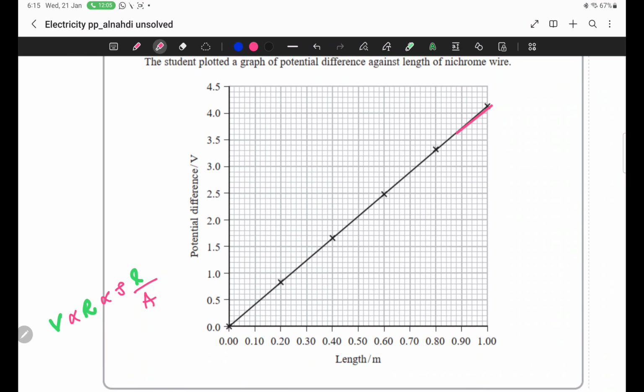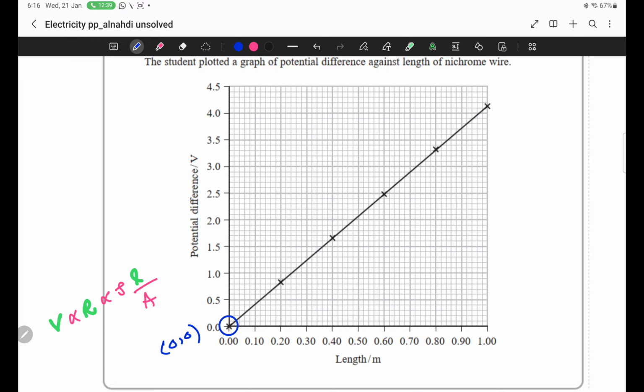If the graph is passing through the origin, then we do not need to calculate gradient. If the line is not passing through the origin, then we use 2 points and calculate gradient as y2 minus y1 upon x2 minus x1. If any straight line is passing through the origin, then you can use the starting point as 0, 0, and then obviously we are not calculating gradient.